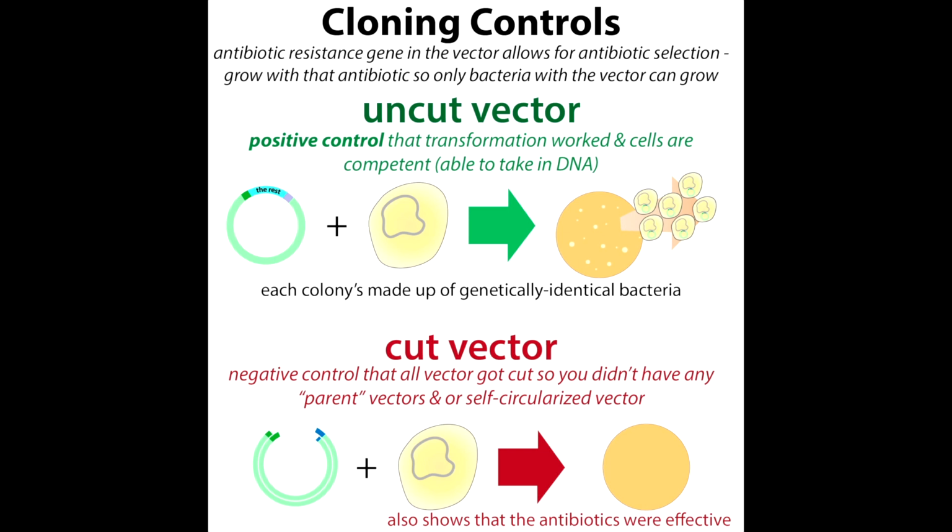And then with the cut vector, this is your negative control, that you don't have any parent or self-circularized vector. And it also shows that the antibiotics were effective. So that's basically all for today.